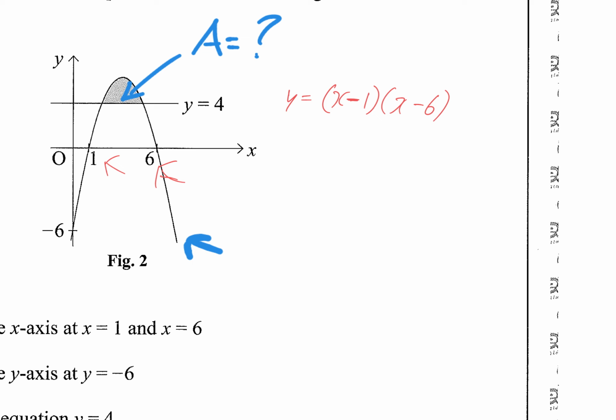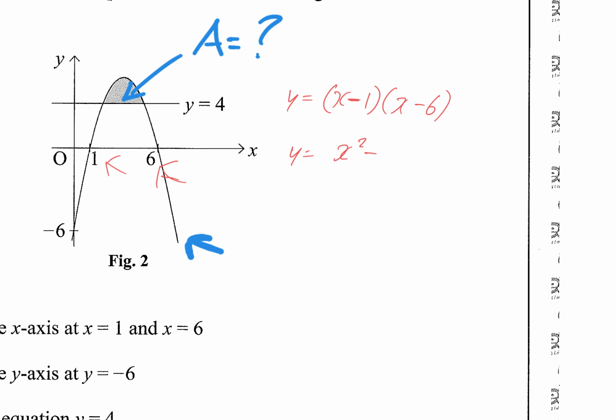that's not going to quite work for us. Let's see what we're going to get if we do that out. It's going to give you x squared minus 7x plus 6, but it's not going to quite work because that should have been a minus 6 here.